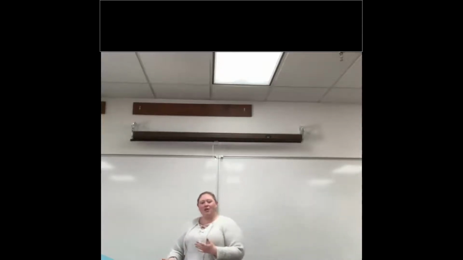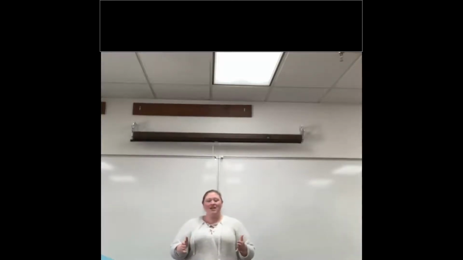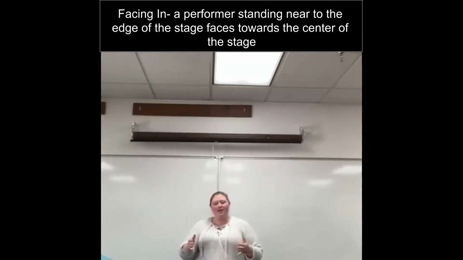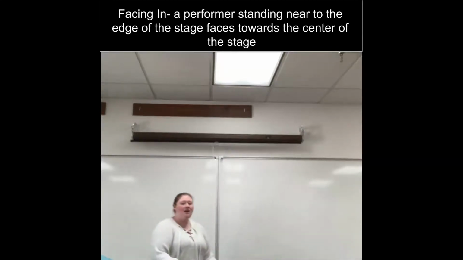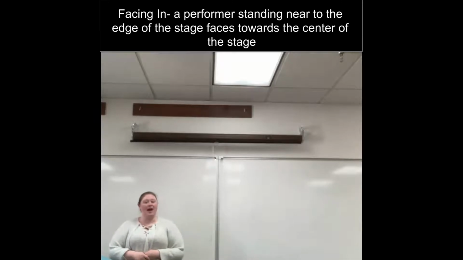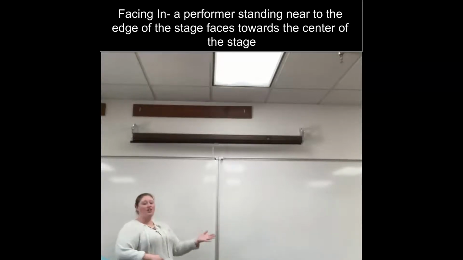The next term I want to talk about is the direction that a performer is facing. All right? So if you have a performer and they're standing towards either stage right or stage left, here I'm standing on stage right, and they're facing towards the center of the stage, this is called facing into the stage, or being turned in to the stage.